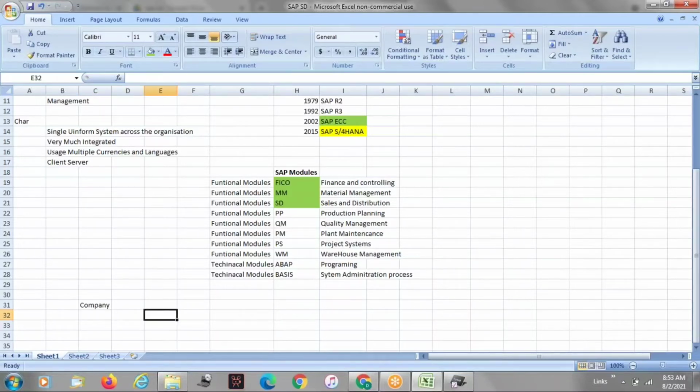Just imagine you are a customer. You want to buy a car. So what is the first step that you will do?